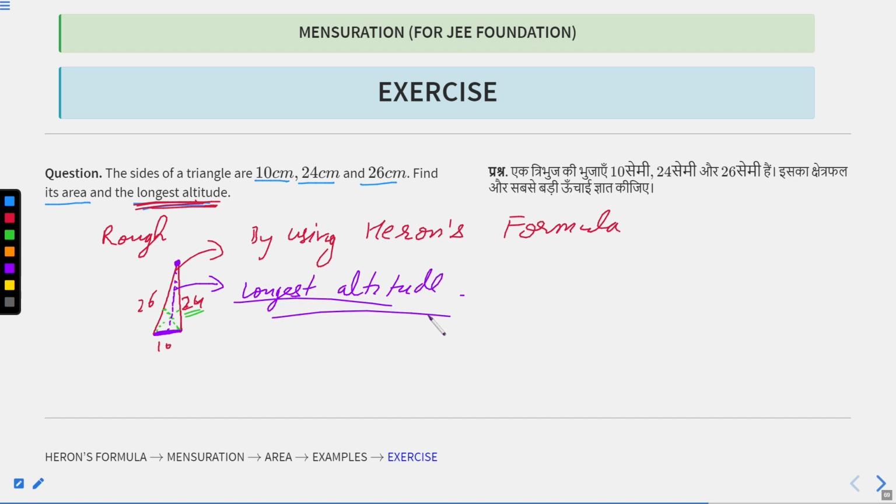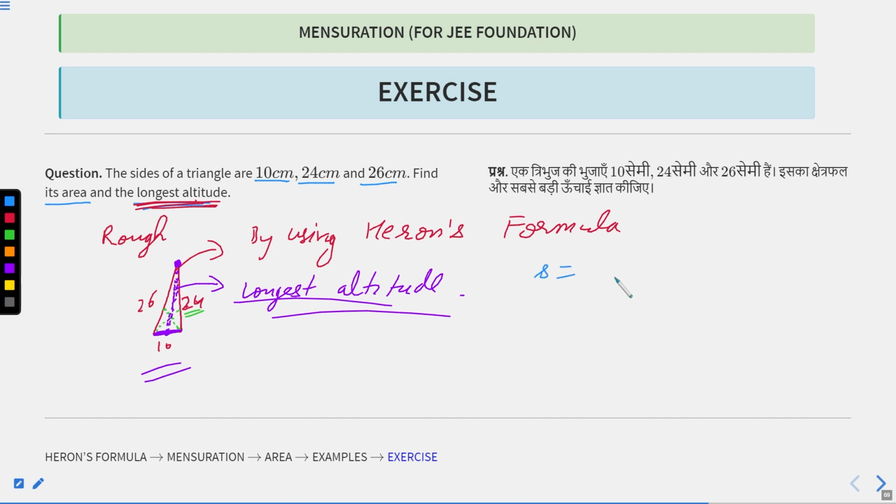I hope this is clear why this is my longest altitude, because if you draw a rough diagram for this triangle, you can easily see that from this base and this vertex, if I join them by a perpendicular line, then this height will be my longest. Okay, so first of all, find out the area by Heron's formula.